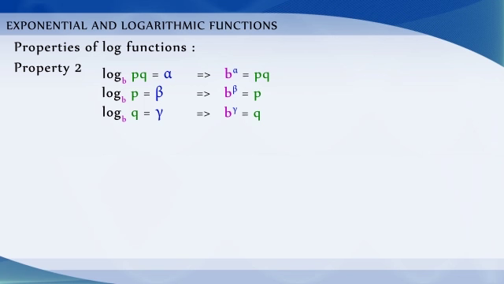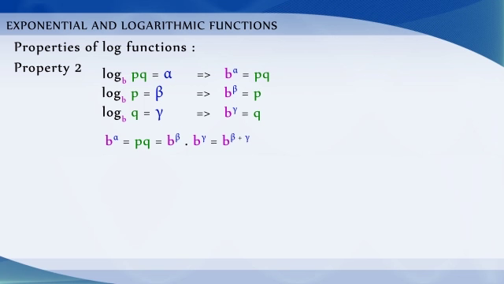Substituting the values of p and q in b power alpha is equal to pq, we get b power alpha is equal to pq is equal to b power beta into b to the power of gamma, which is nothing but b raised to the power of beta plus gamma.